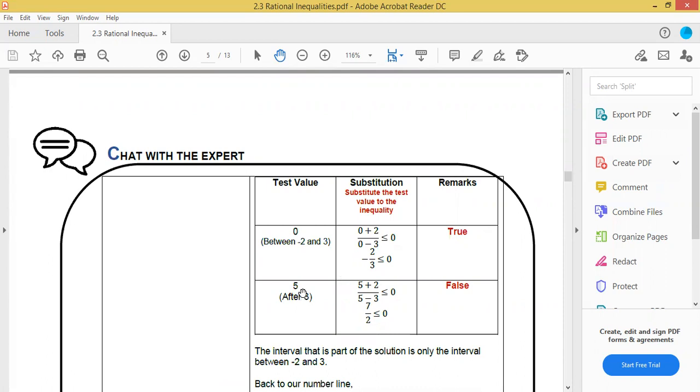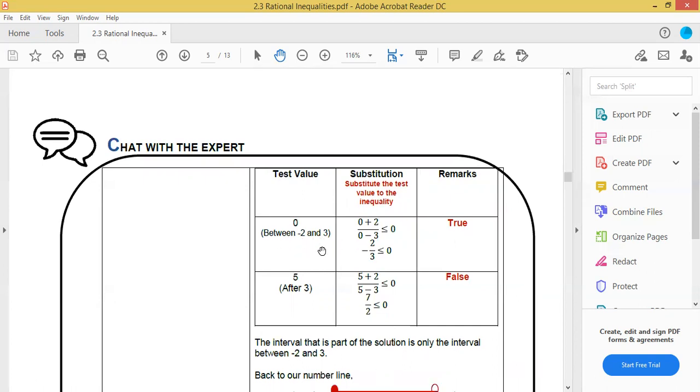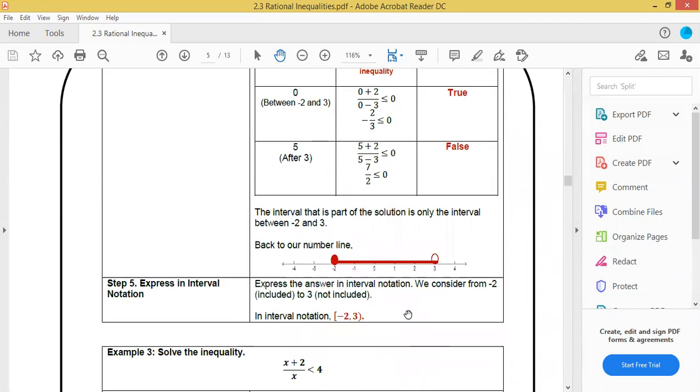If we substitute 5 into the original inequality, we'll have 7/2, which is less than or equal to 0, and this is false. We only consider the true results, and it's between -2 and 3. So as we shade it, this is the only true part.